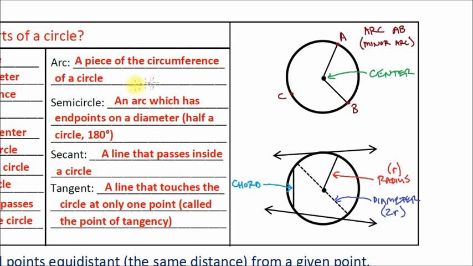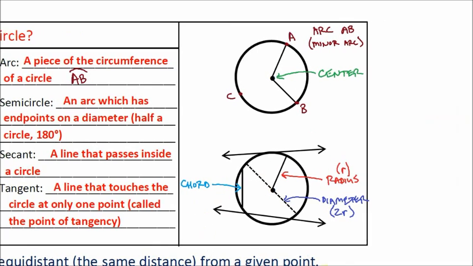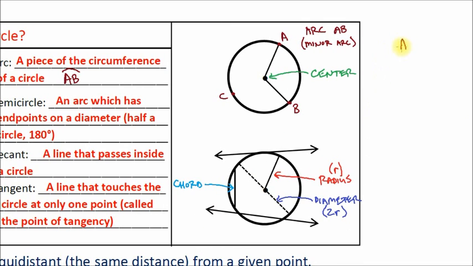Now over here under the arc, let's show you what the symbol is for the arc. If I wanted to talk about arc AB, the way I could do that shorthand is I put an AB and then I put a little curve on top. Now remember, class, how we would label a line segment? We'd say this is segment AB, this is line AB with arrows, this is ray AB with one arrow.